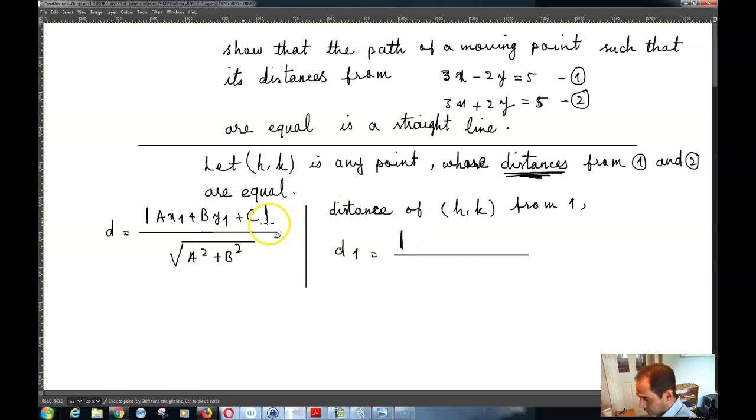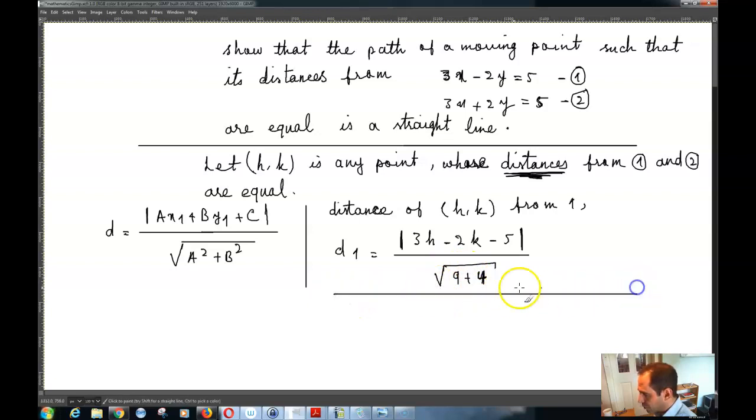So I take the absolute value of ax1, that is 3 times x1, which is equal to h here, plus b times y1, so negative 2 times k, plus c, which is negative 5, over the square root of 3 squared plus 2 squared, which is basically 9 plus 4.